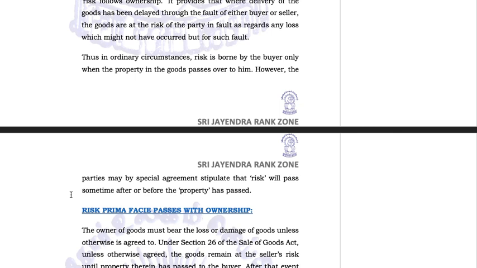There may be some tailor-made agreements in which people may agree that risk shall pass only on that particular event or only on that particular date, otherwise not. Risk prima facie passes with ownership.